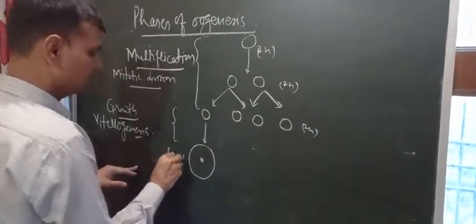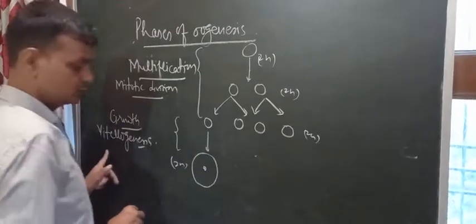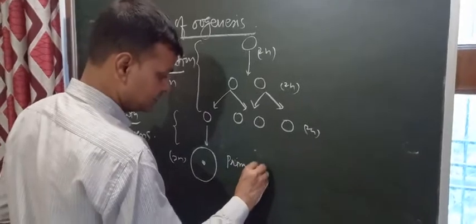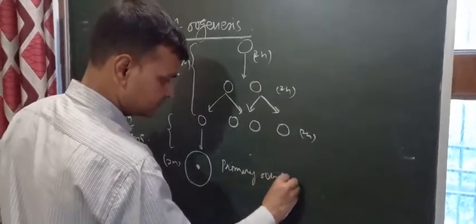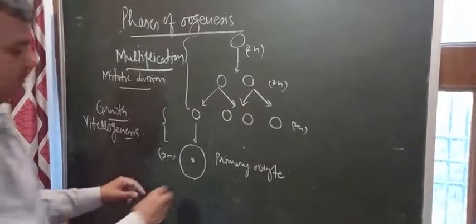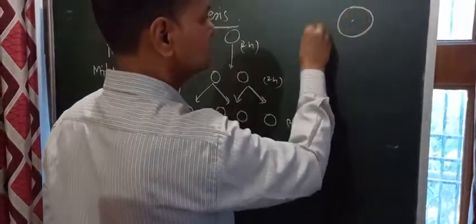It is 2n because there is no such division here, and this formed structure after the growth is called the primary oocyte. And this primary oocyte, I will be showing it here. This is the primary oocyte, 2n.